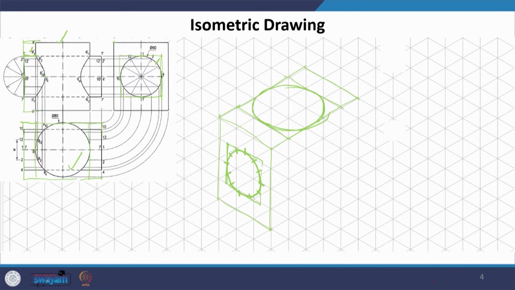Now, if I draw this P1 and measure the same distance, this is the point which I get. Look at this 4 and this 4. I take this 4 and I draw this. This is your P4. Same we do with 7 and we take it inside. This is where your 7 is going to come, and similarly we will get for all these.